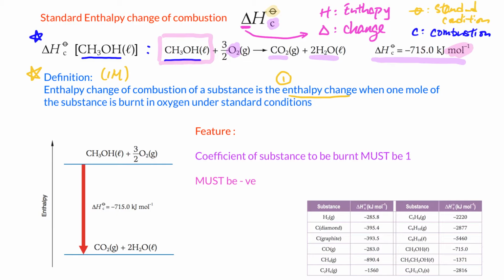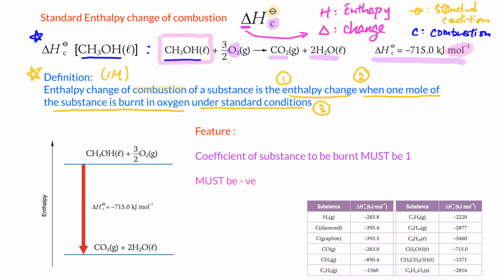The second part is when 1 mole of substance is burned in oxygen. This echoes the word combustion. And the third thing is that it is a standard enthalpy change, therefore under standard conditions.